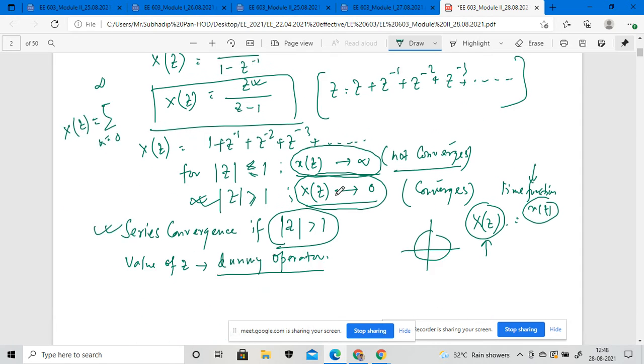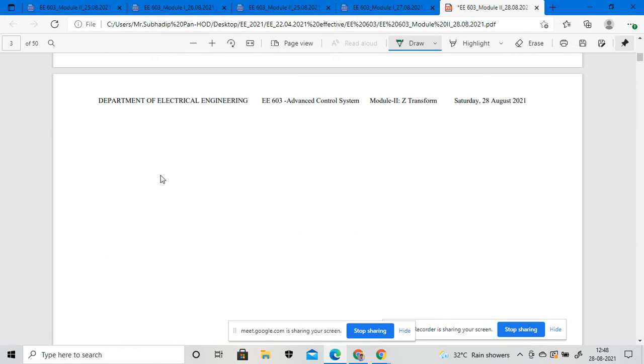So it is noted that also we can say that if we consider 1 of k, it is defined as 1 of k equal to 1 for the values of k equal to 0, 1, 2, and so on.